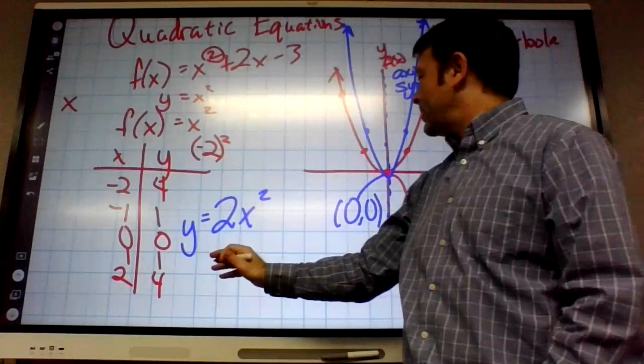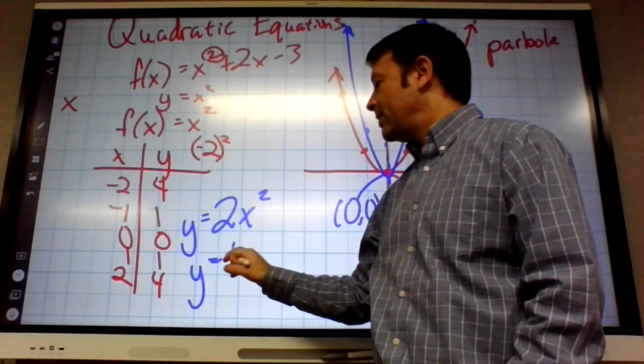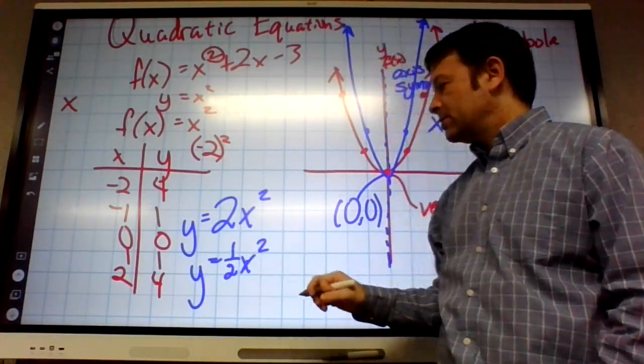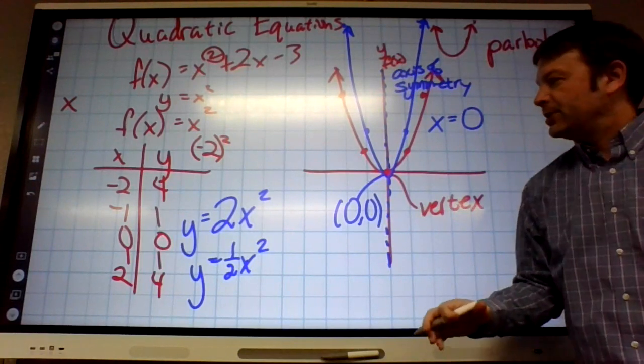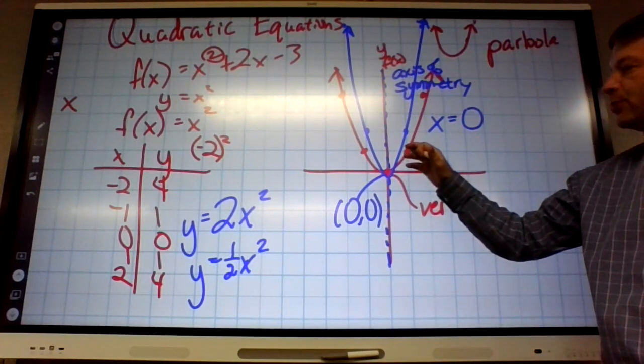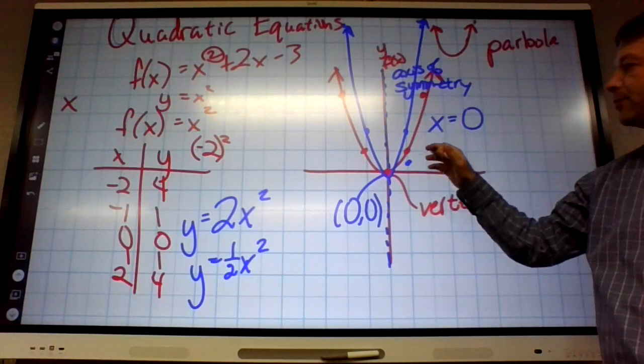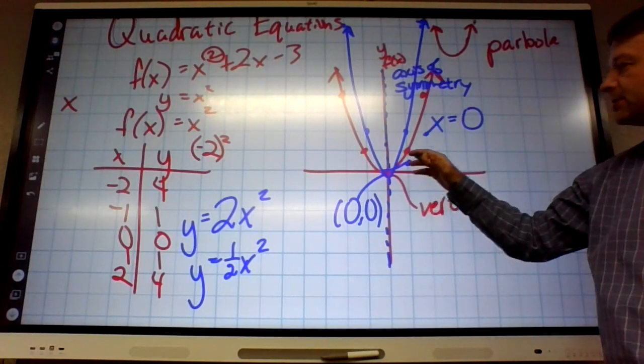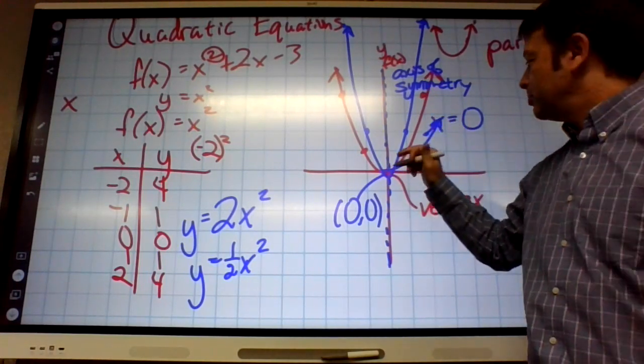What do you think would happen if I put a 1/2 in front? It would go up half as fast, so instead of being at 1, it'd be at 1/2, and instead of being at 4, it'd be at 2. So it just looks kind of broad.